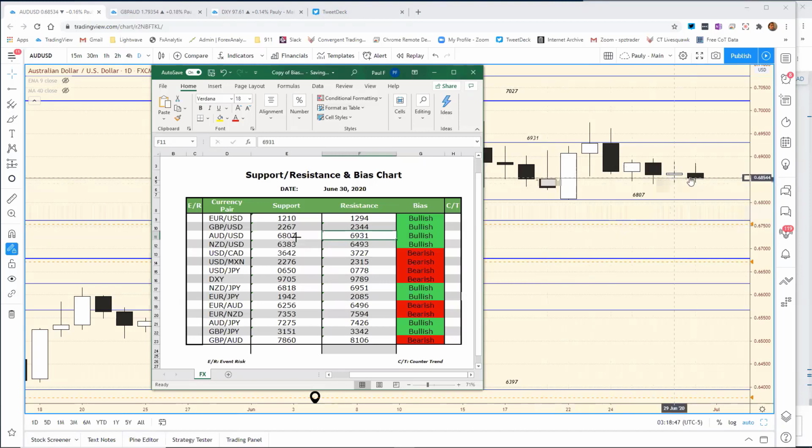And we're just tight as a drum, no movement. Actually, the Aussie had only a 50 pip range yesterday, and the range is even tighter today. The range is 68.44 to 68.80. Holy smokes, it's a 40 pip trading range. Yesterday was I think 52. So no changes here in the Aussie.